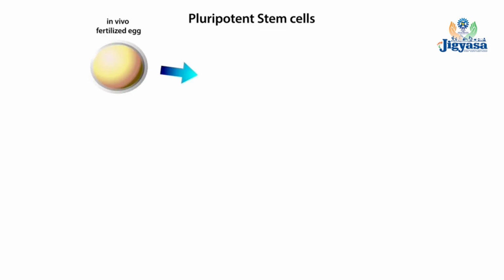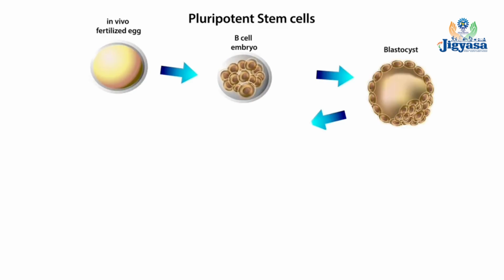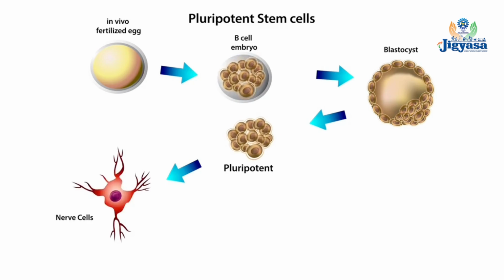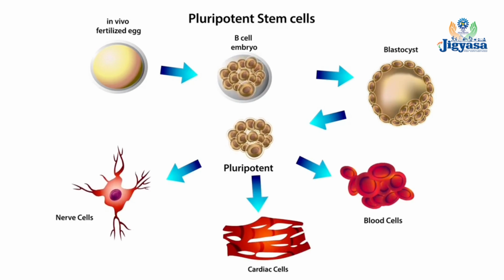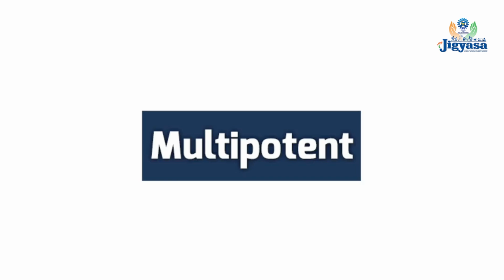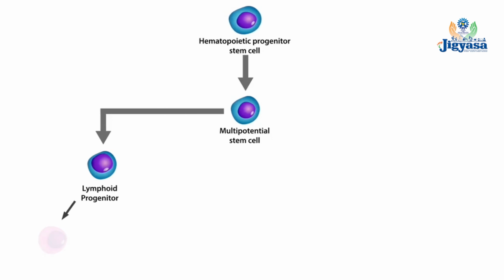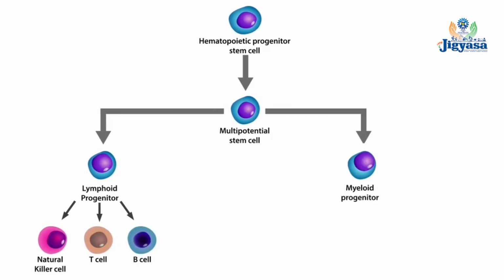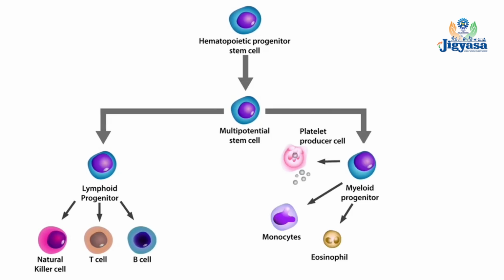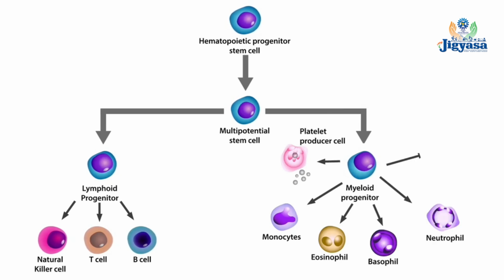These cells can turn into almost any cell. Cells from the early embryo are pluripotent. Multipotent. These cells can differentiate into a closely related family of cells. Adult hematopoietic stem cells, for example, can become red and white blood cells or platelets.